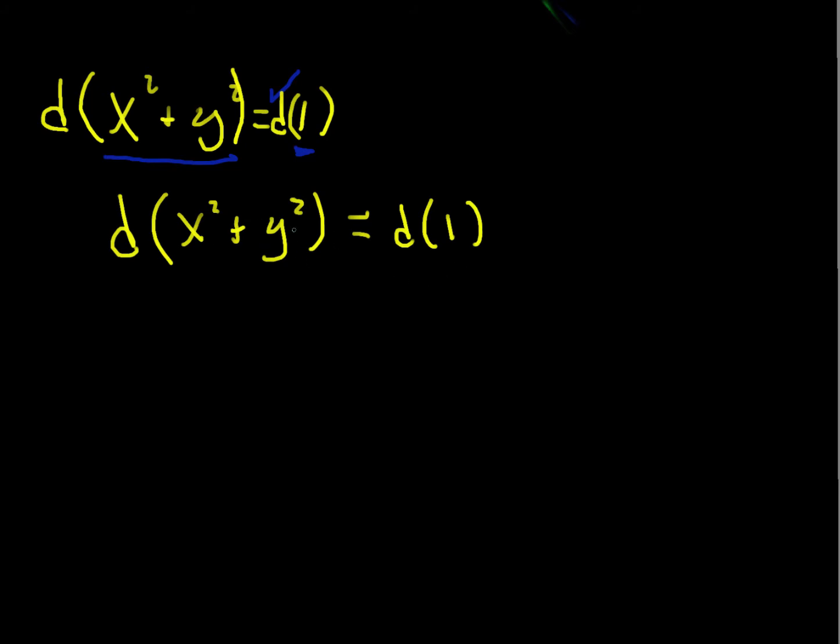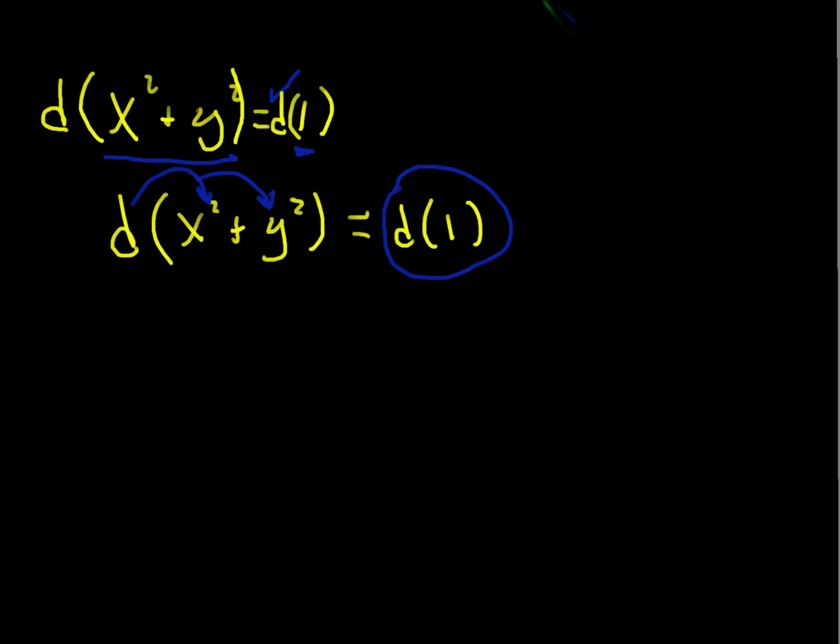So coming back to our rules of differentiation, we know how the differential behaves across addition. It just distributes, right? So this differential operator will move across the addition sign, giving us our dx squared and dy squared. And on the right-hand side, the differential of a constant, the differential of 1, is a big fat 0.